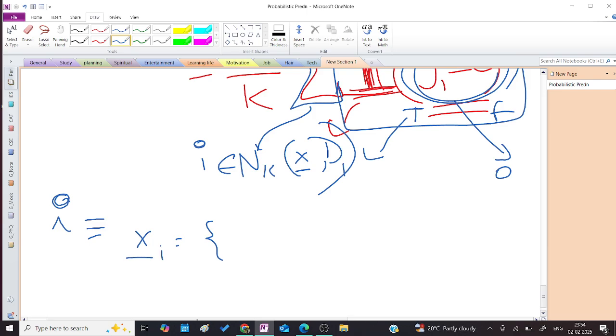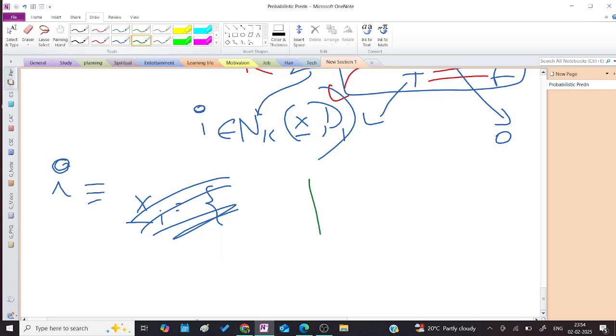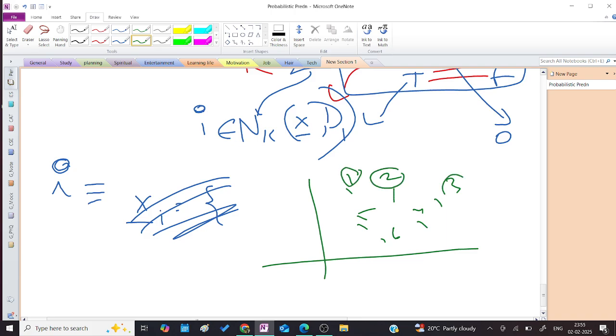Let me explain another way. Suppose there are some points. This is 1, this is 2, this is 3, this is 4, this is 5, this is 6. Okay, so this numbering is like i.